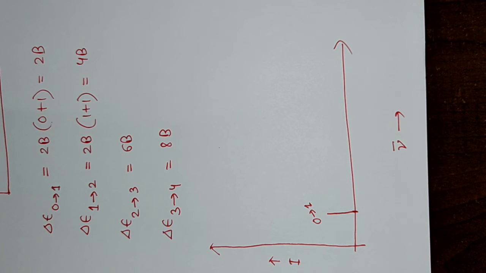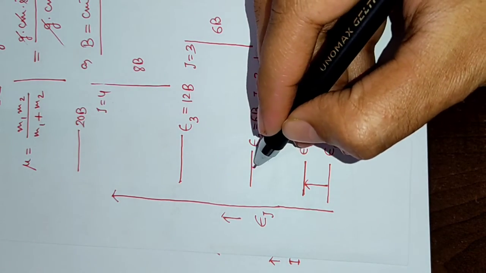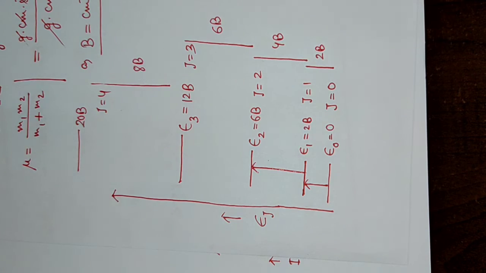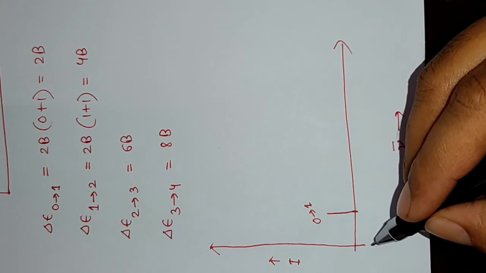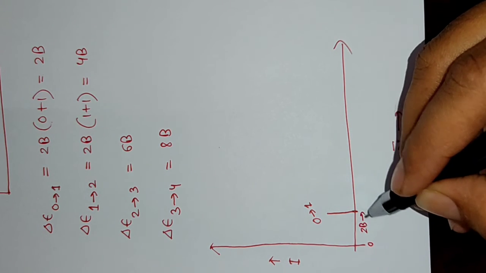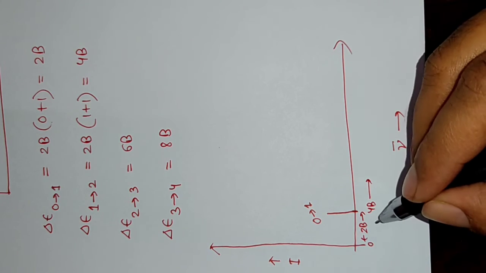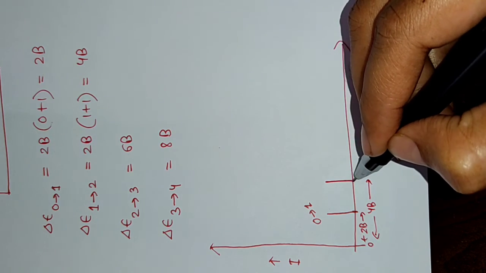And then the second is from 1 to 2. So it will require an energy 4B. So we are increasing energy from 0. So here it is 2B. Now when we get 4B from the beginning, we will get another line.